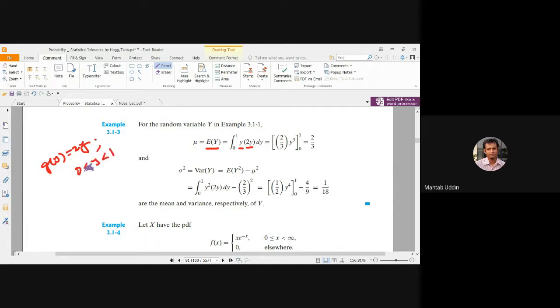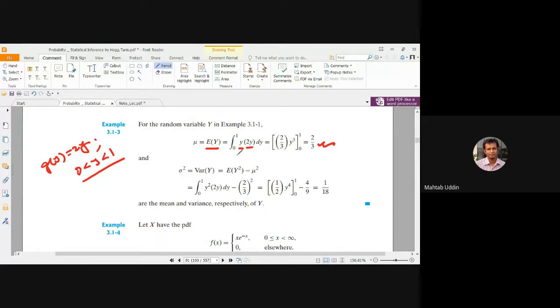So integral from 0 to 1 of y f(y) dy. You can see 2y square, after integration 2 by 3 y cube. You put the limit 1 to 0, you get it.